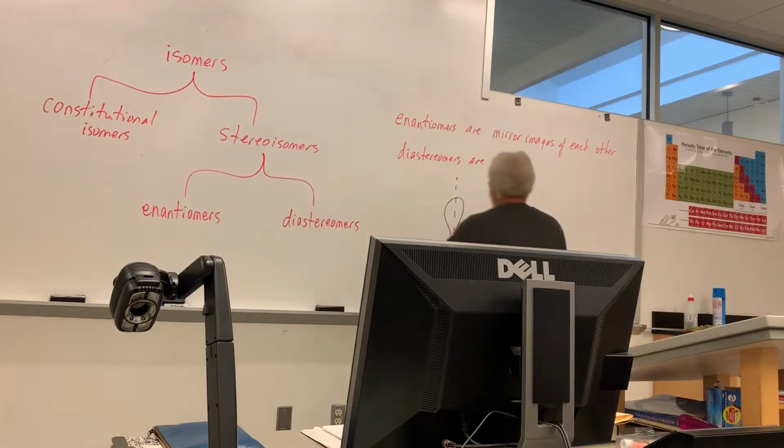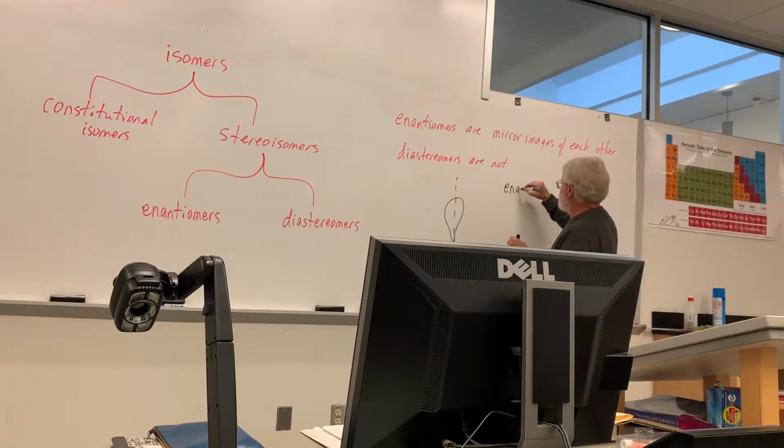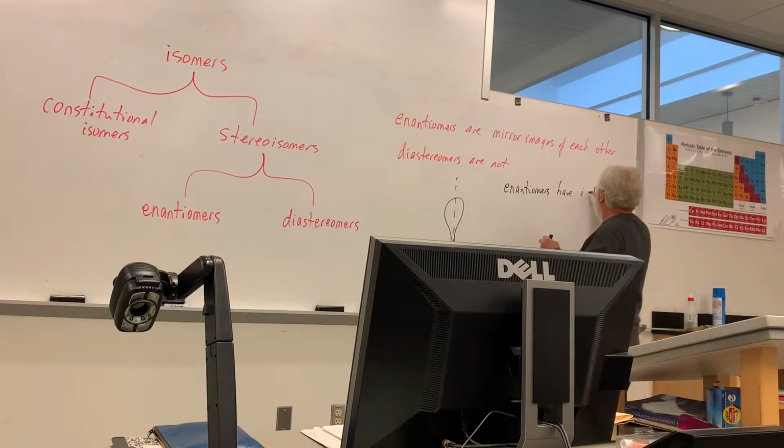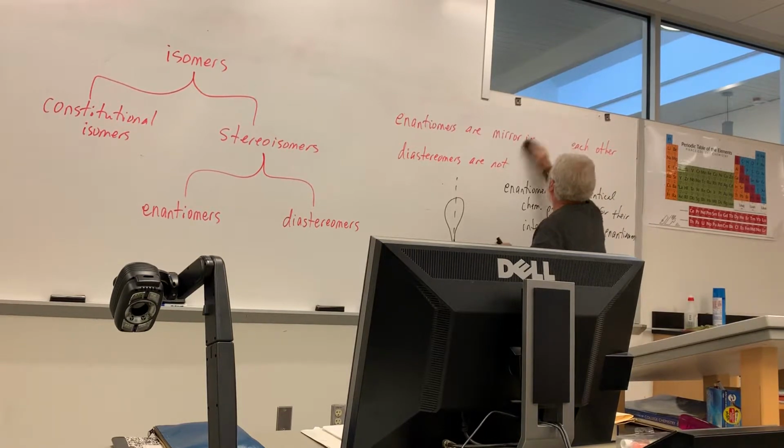Okay, so it's worth writing down that enantiomers have identical chemical properties except for their interaction with other enantiomers.